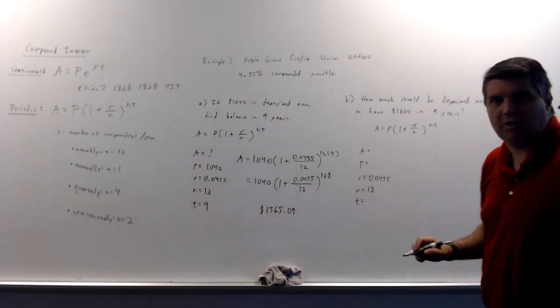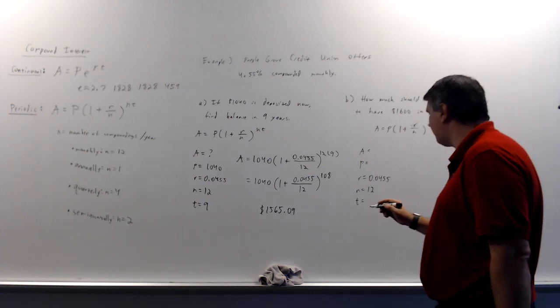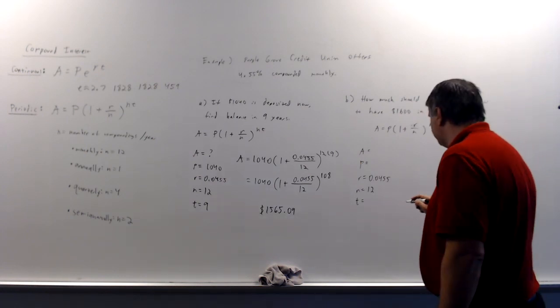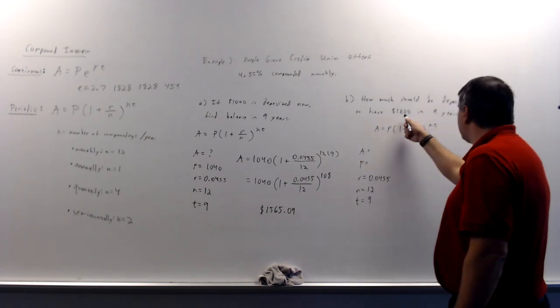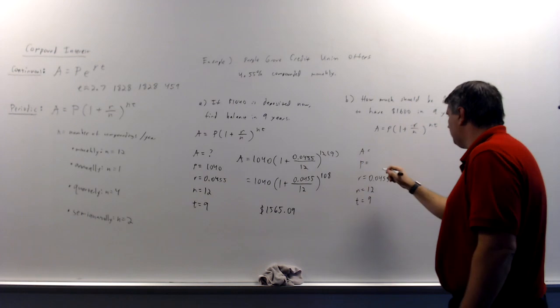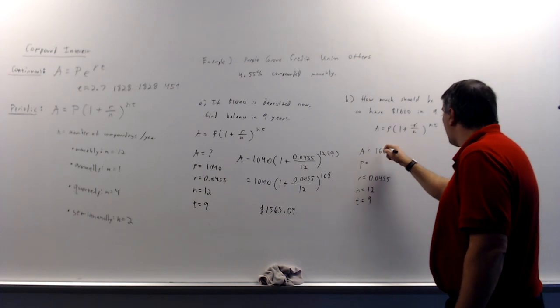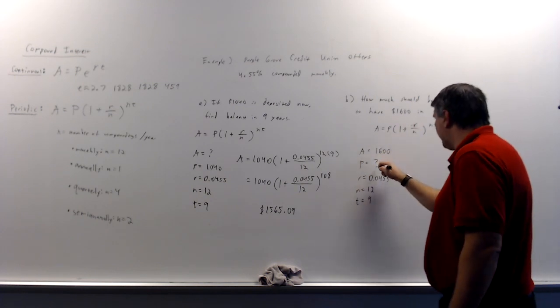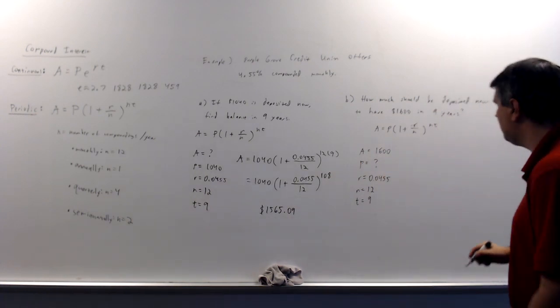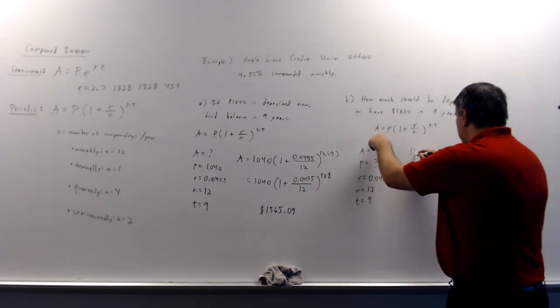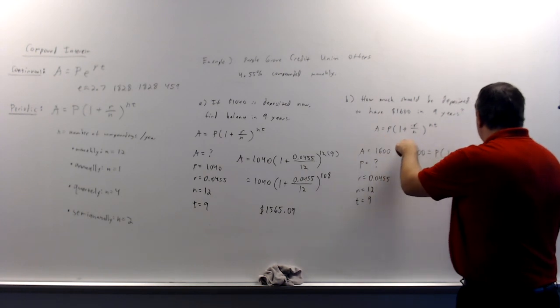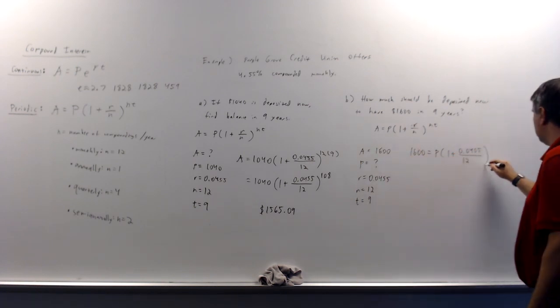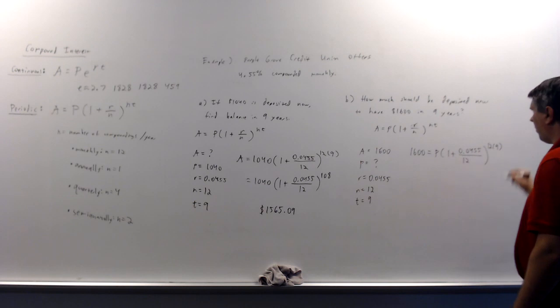Sorry, my brain was still on the last example. T is 9, and this 1600 goes with the future value. We don't know what we're starting with. That's the question. So I want to know 1600 equals P times 1 plus 0.0455 divided by 12, to the 12 times 9 power.